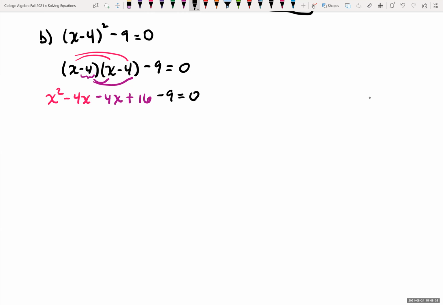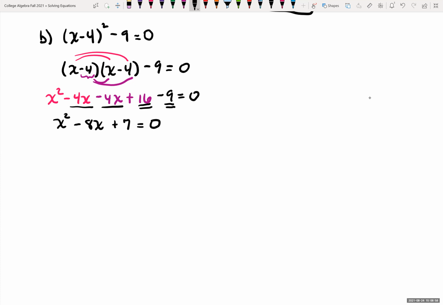Combining like terms. There's no other x squared term, so let's bring it down. We have a negative 4x minus 4x, which is a negative 8x. We have a positive 16 minus 9, so this is plus 7 equals 0.